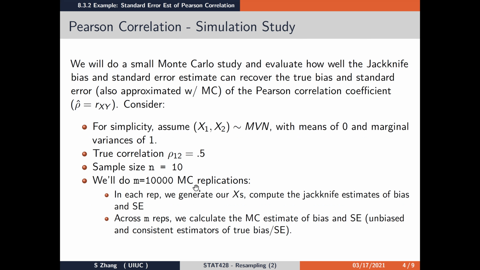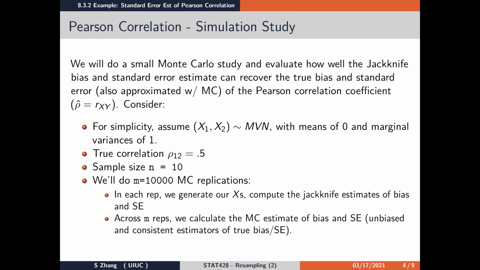In each replication, we will generate a sample of size 10 for the x1, x2s. We will compute the Pearson correlation coefficient, which is rho hat, our estimator for rho. And we will also obtain the jackknife estimates for the bias and the SE of the Pearson correlation coefficient for that replication.